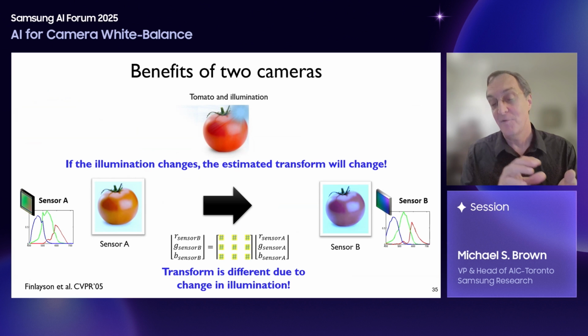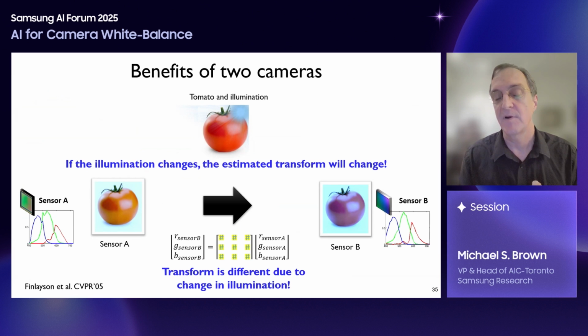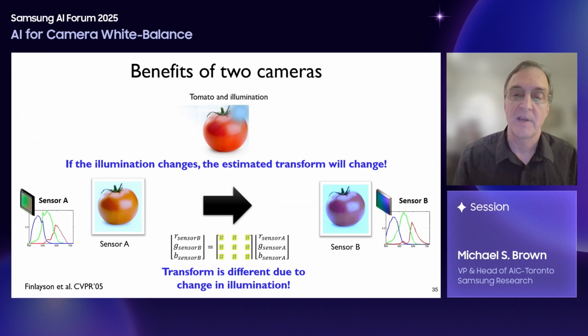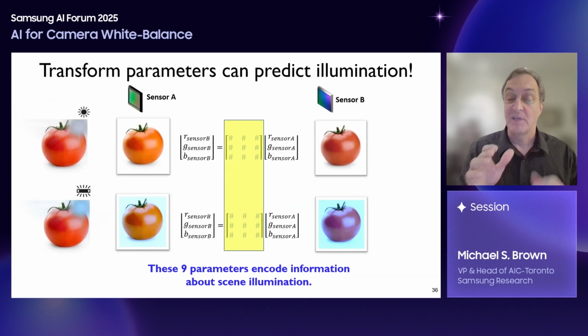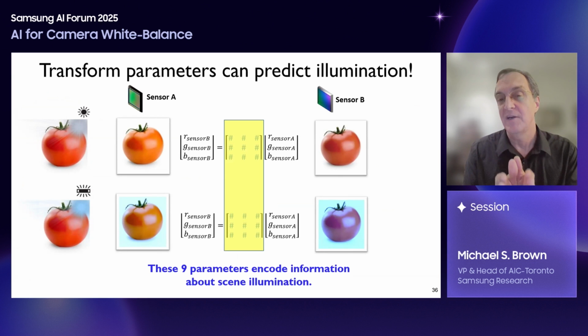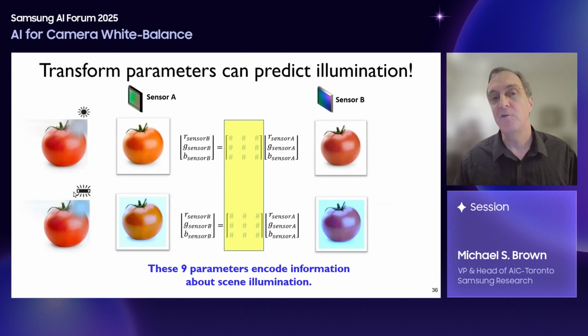At that time, smartphones weren't very popular and only had a single camera. So we realized we could use this observation for modern cameras. What we're exploiting here is that under different illuminations, this simple 3x3 matrix, so 9 parameters, is encoding the change in the illumination.